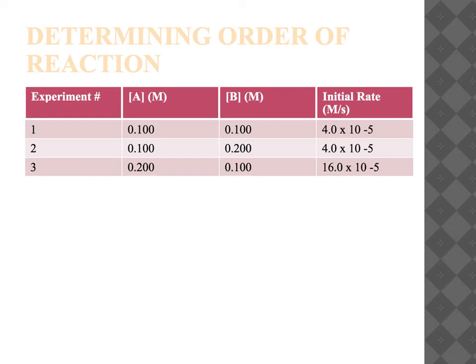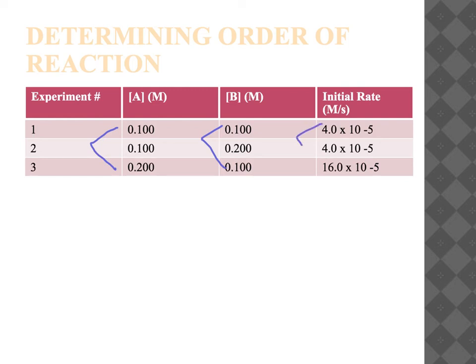So if we look at reactant A, in experiment number 1 and experiment number 3, we have 2 different concentrations for A, but the concentrations for B in experiments 1 and 3 are held constant.